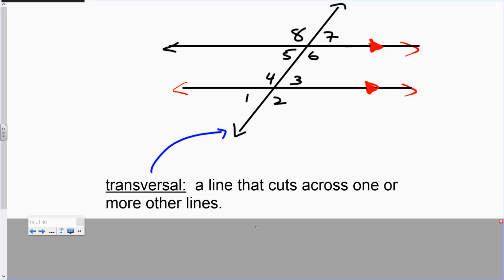Transgender, you're going across gender lines. Transvestite, you're going across protocols of dress, I suppose. But the word trans means going across something. So this line's going across the two parallel lines, hence the word transversal.